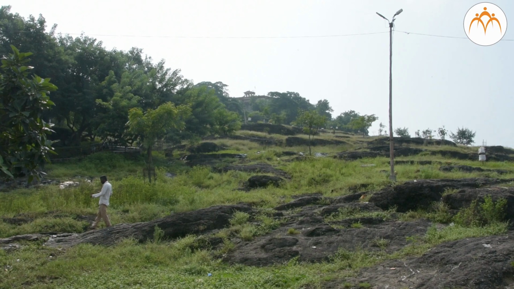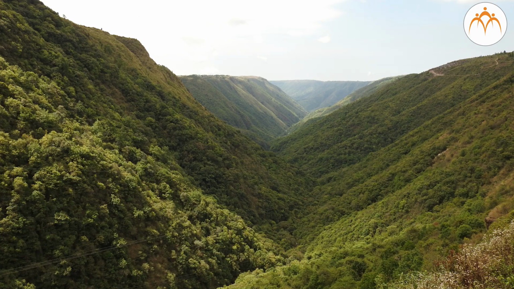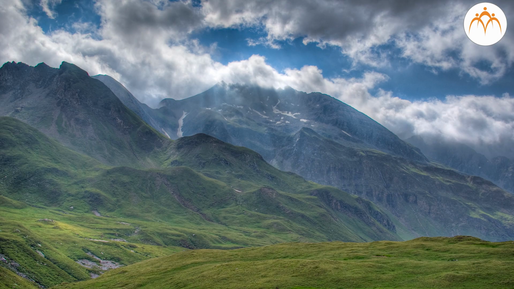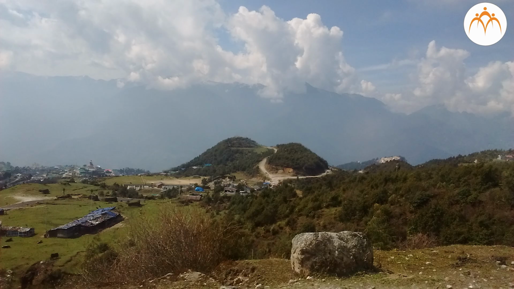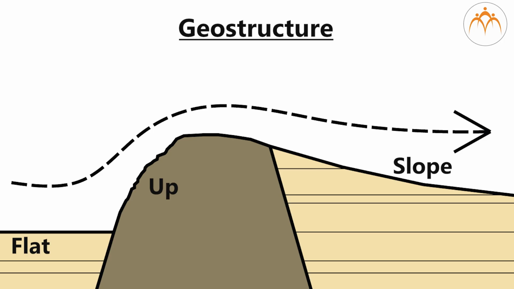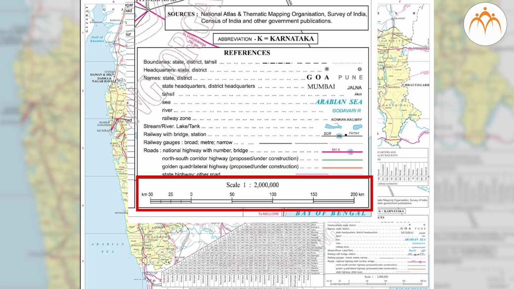In the similar manner, hills, mountains, mountain ranges, plateau appear different in a map. Every region on the earth has different landforms. There are mountains, valleys, plateaus, plains, and islands. You know that the length and the width of a landform can be easily shown in the map.